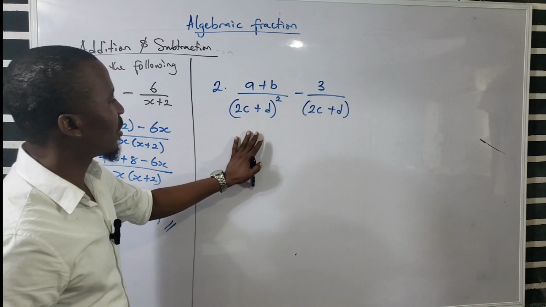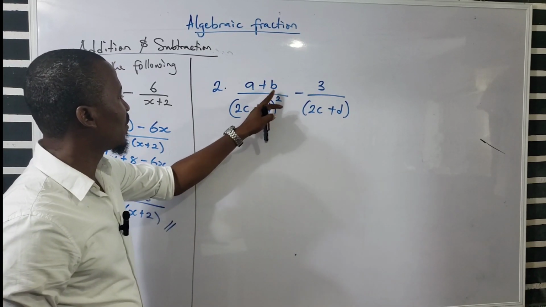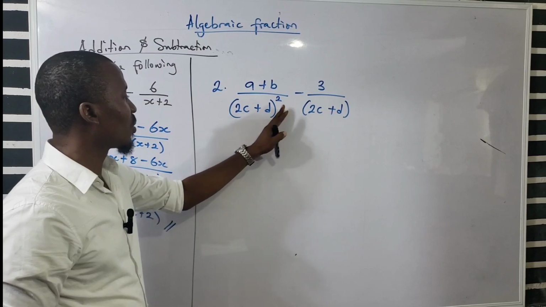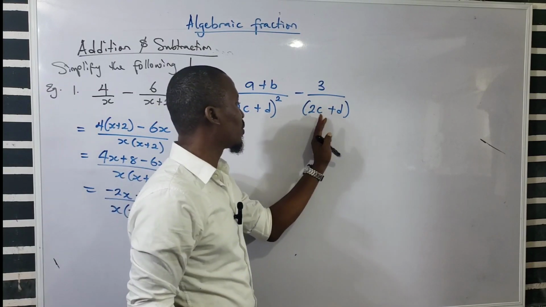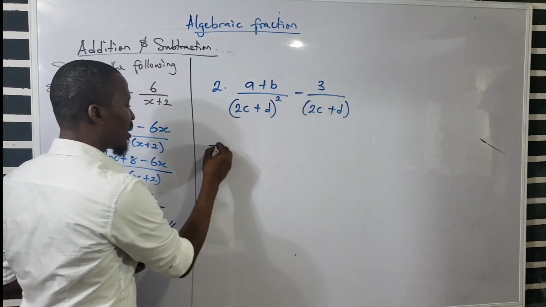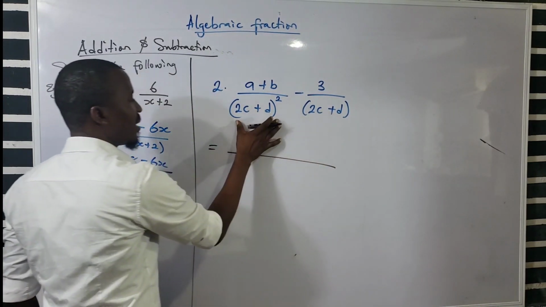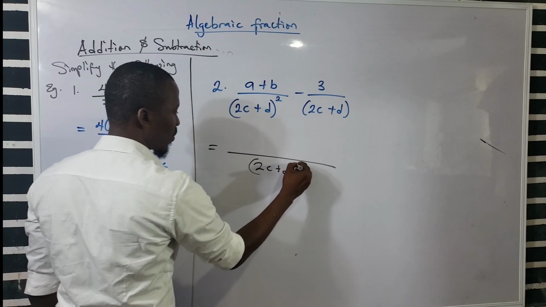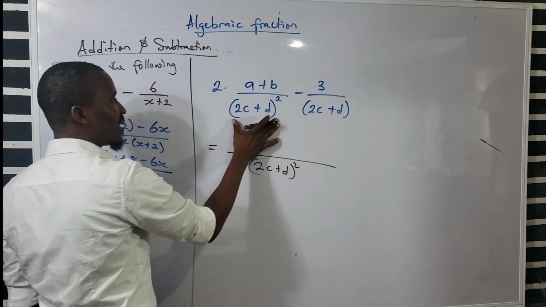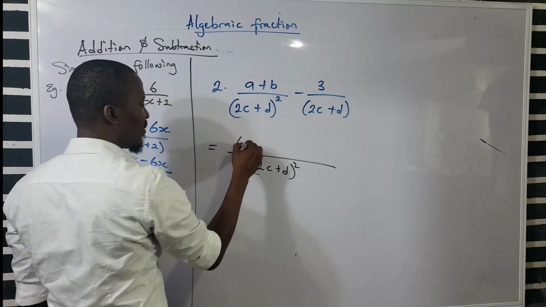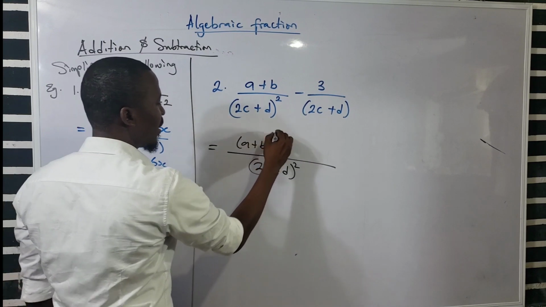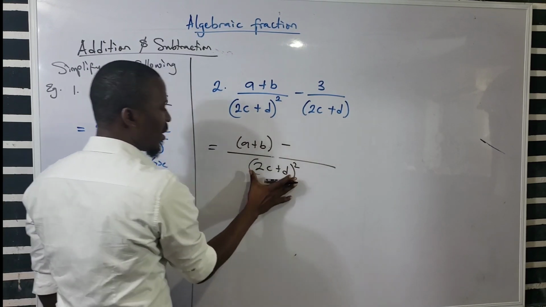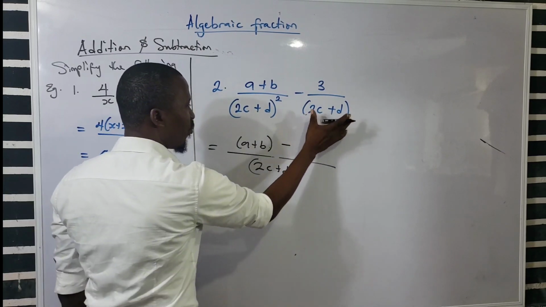So look at our second example: a plus b over (2c plus d) all squared, minus 3 over 2c plus d. Now, if you check that problem, our LCM is actually (2c plus d) all squared. So when this is divided by this, we have 1. 1 times this will give you a plus b. a plus b minus, when this is divided by this, I'll have one of these.